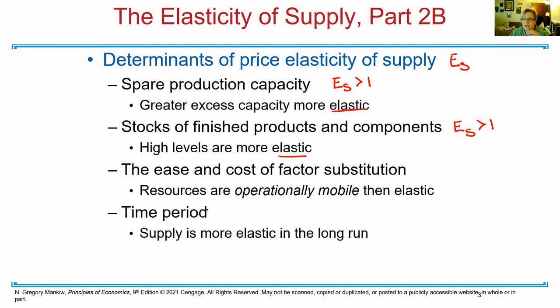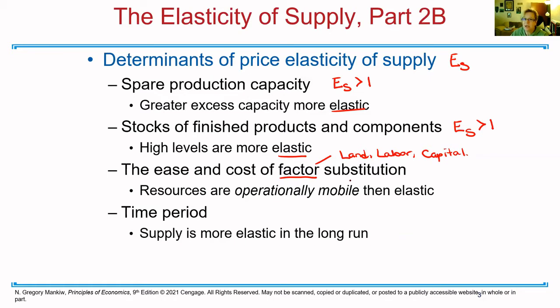Now, we talk about the factors and go back to chapter 1. Remember the factors of production: land, labor, and capital. I'll give you a very easy one. If you wanted to attach two pieces of paper together, what are some of the different ways you could do that? Obviously, you could use a staple. Okay, fine. You could fold over the corner. That's another way. You might be able to rubber band it.